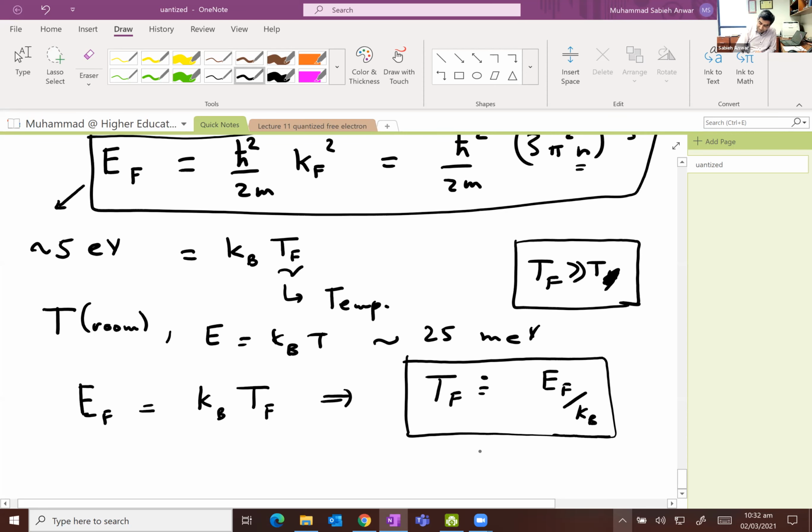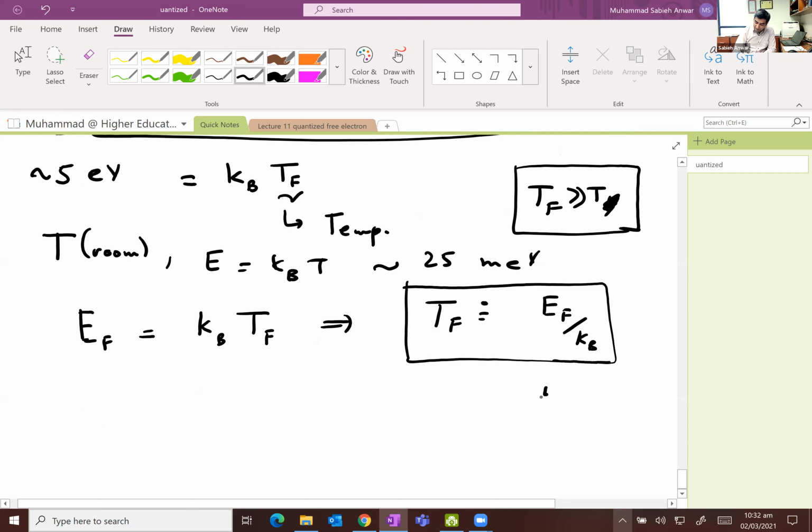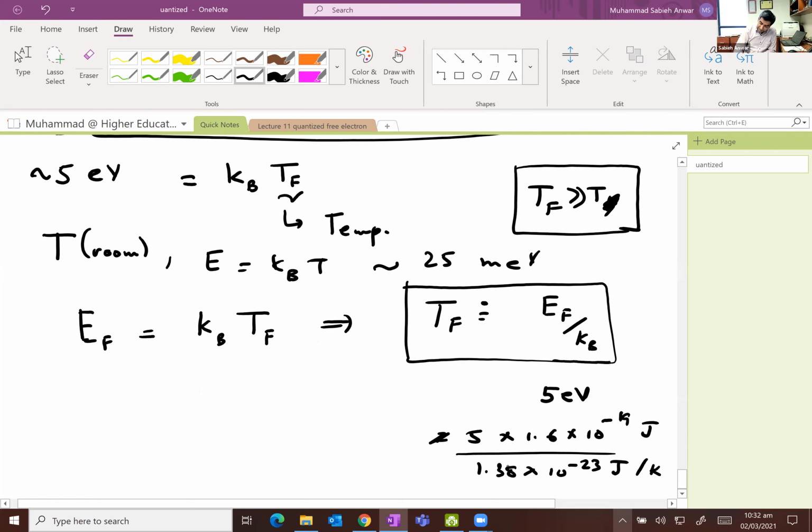And this temperature, if you look at 5 electron volts, which is 5 into 1.6 into 10 power minus 19 joule, and you divide it by 1.38 into 10 power minus 23 joules per Kelvin, which is kB, you get something of the order of 10 to the power 4 Kelvin.